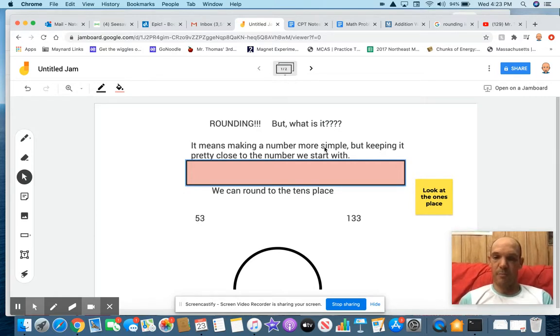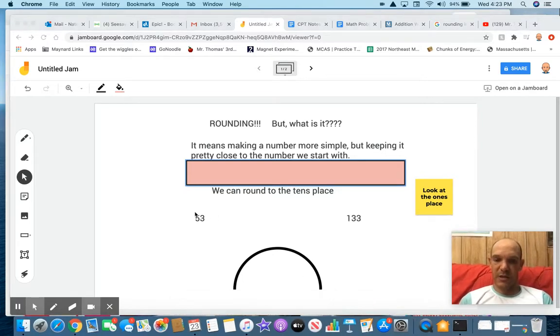It means about what. So if we look at these two numbers down here, we're going to be rounding to the tens place. We have the number 53 and we have the number 133. What we want to do is think of what 10 is 53 closest to.